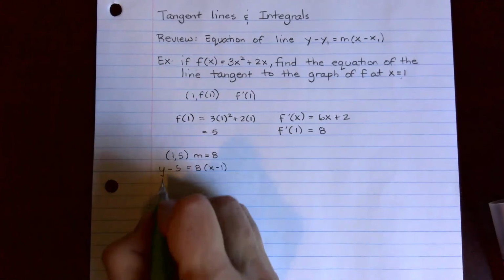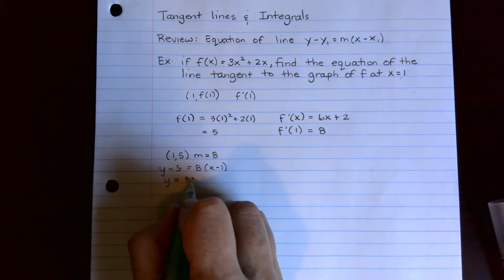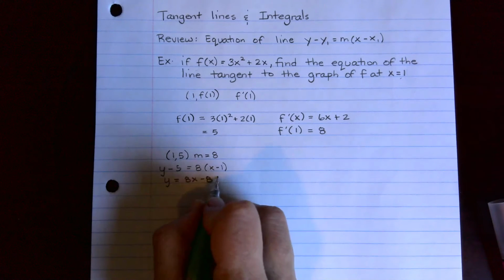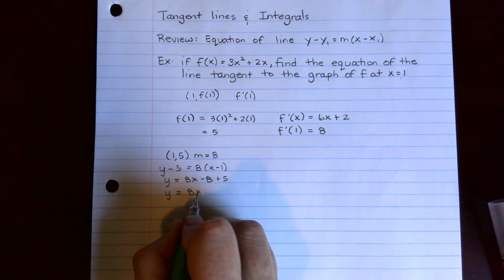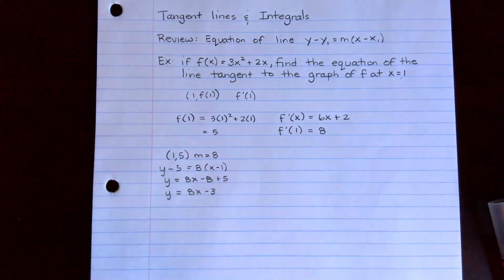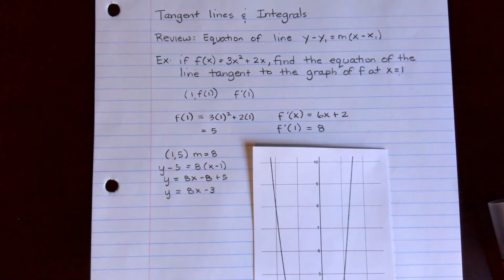I'm going to go ahead and work this out because I want to make sure that we understand what we just found. Again, at the very beginning of the year, this was super hard for people.